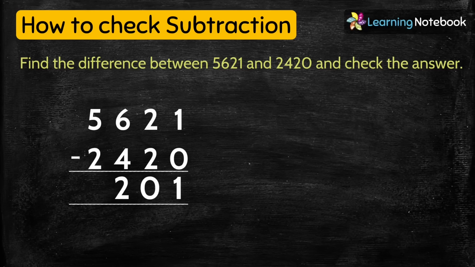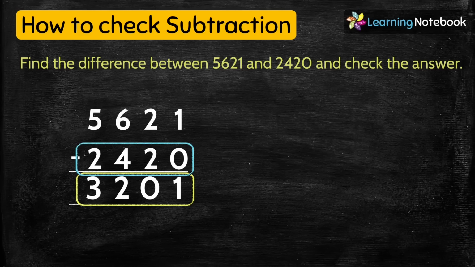And 5 minus 2 equals 3. So we have got the difference as 3201.